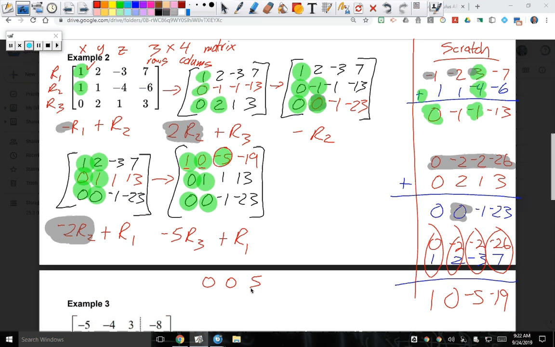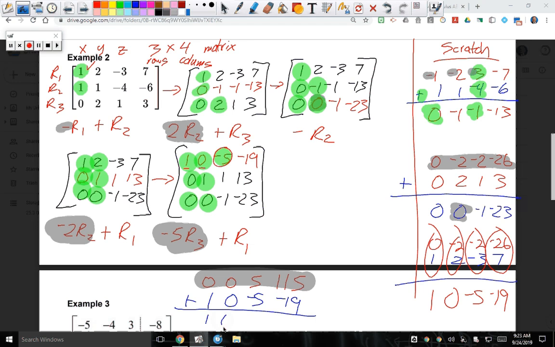What's negative 5 and negative 23? No, we're multiplying. Positive 115. That's negative 5 R3, and we're going to add it to row 1. 1, 0. Negative 5, negative 19.